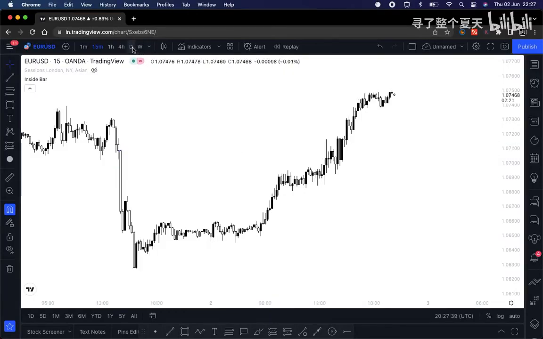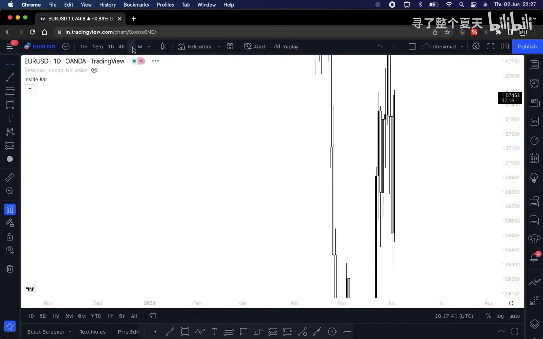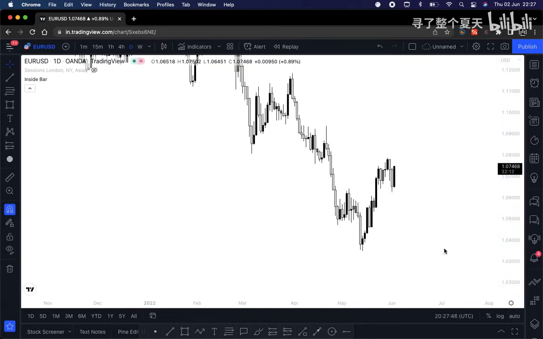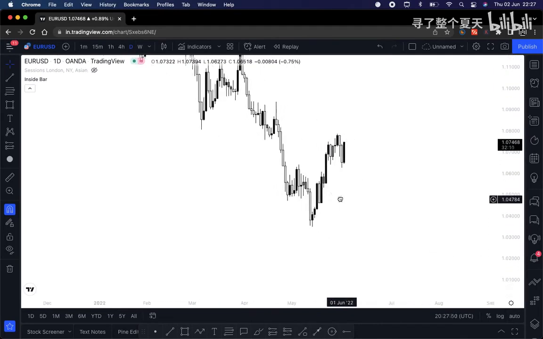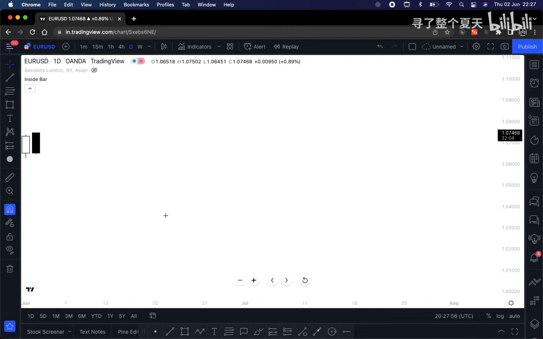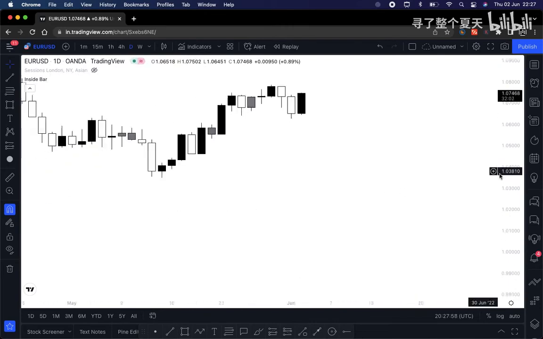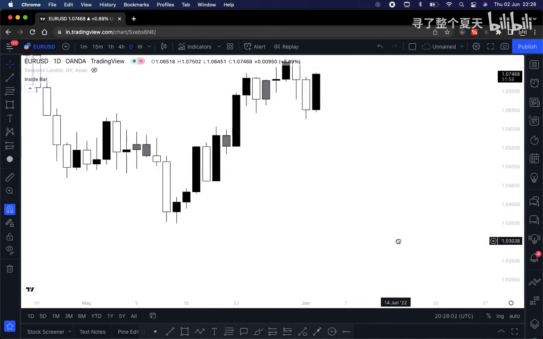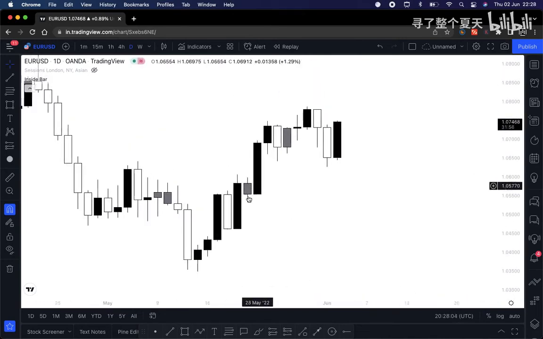Okay. Yeah. Thank you. Because when it comes to an area of, just for an example, around this area here, as you can see, we have this inside bar. Let me just zoom in. We have this inside bar.